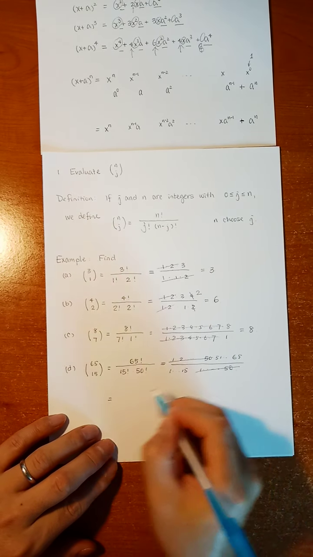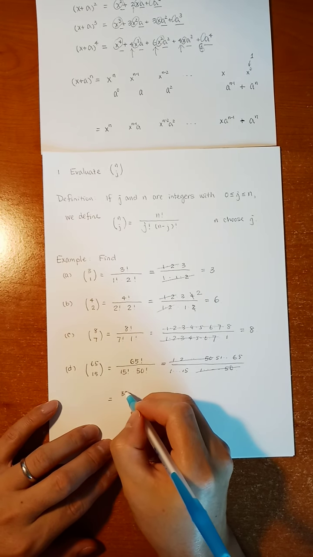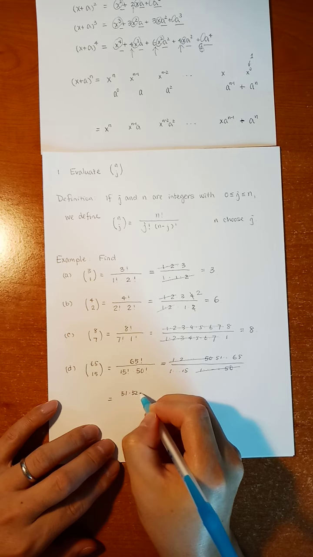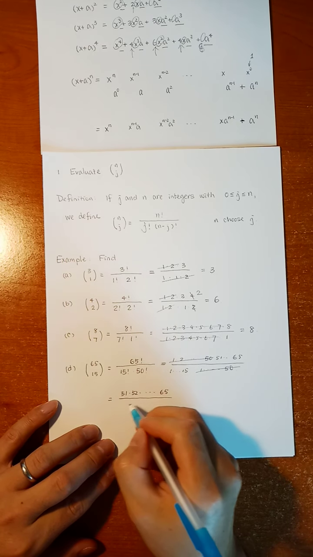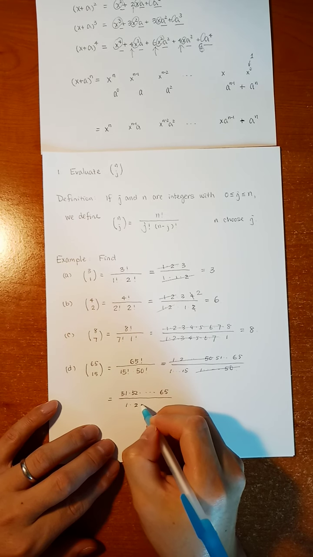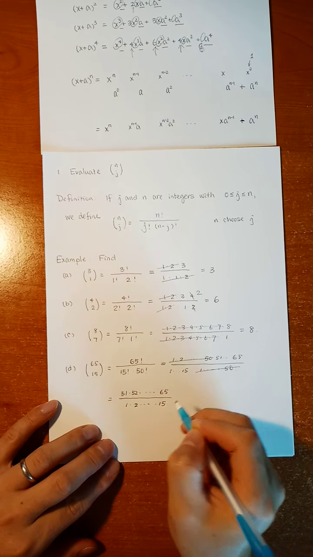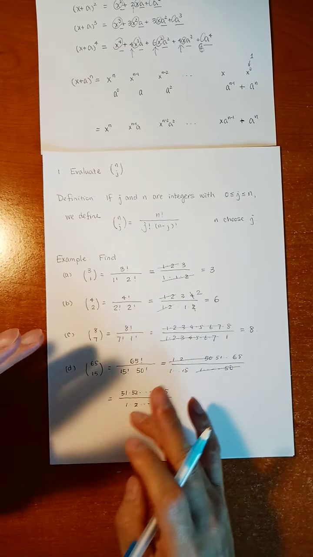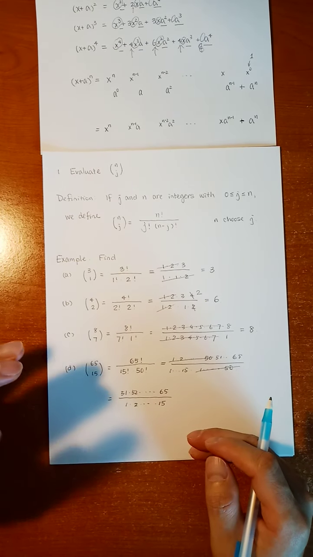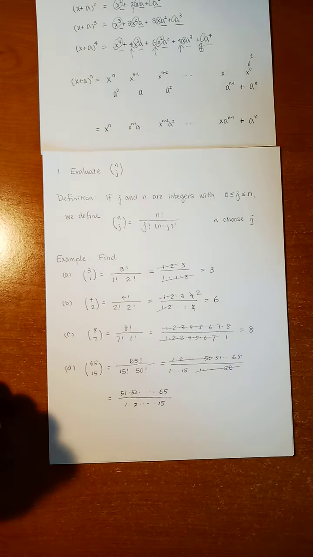What you have in the numerator is 51 times 52 up to 65, and the denominator is 1 times 2 up to 15. There are 15 numbers. Sure, you can do the cancellation, but still it's a big number.